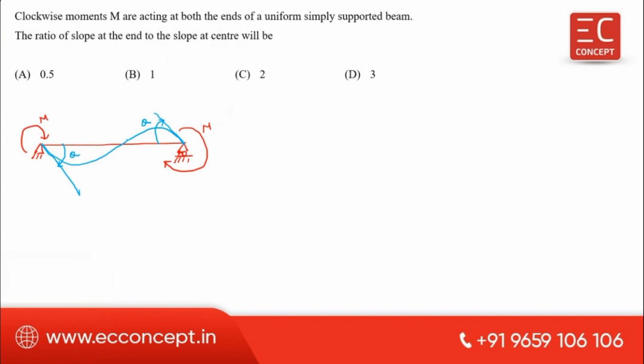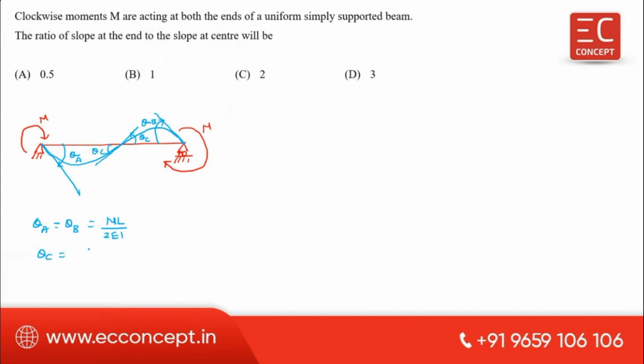And also one theta is there. If you draw a tangent, then this is another theta, theta at the center. Now, after solving, this is theta A, this is theta B. Theta A is equal to theta B, which is at the end, that is M L by 2EI.